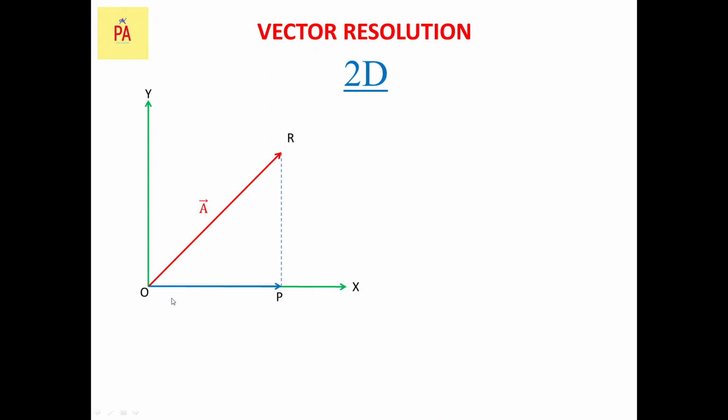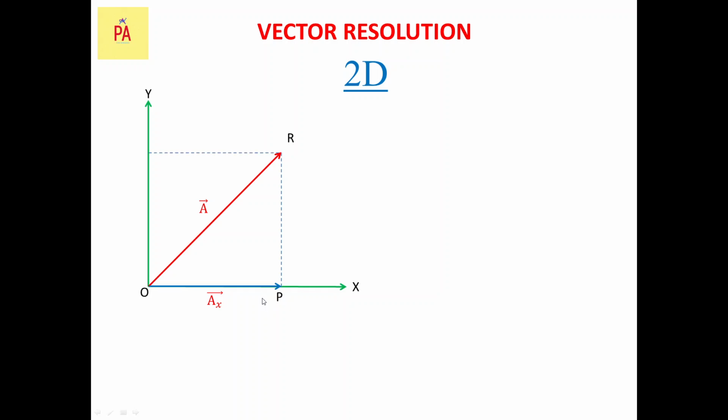We name it as vector AX. That means the component of vector A along the x-axis. This is also called the horizontal component.